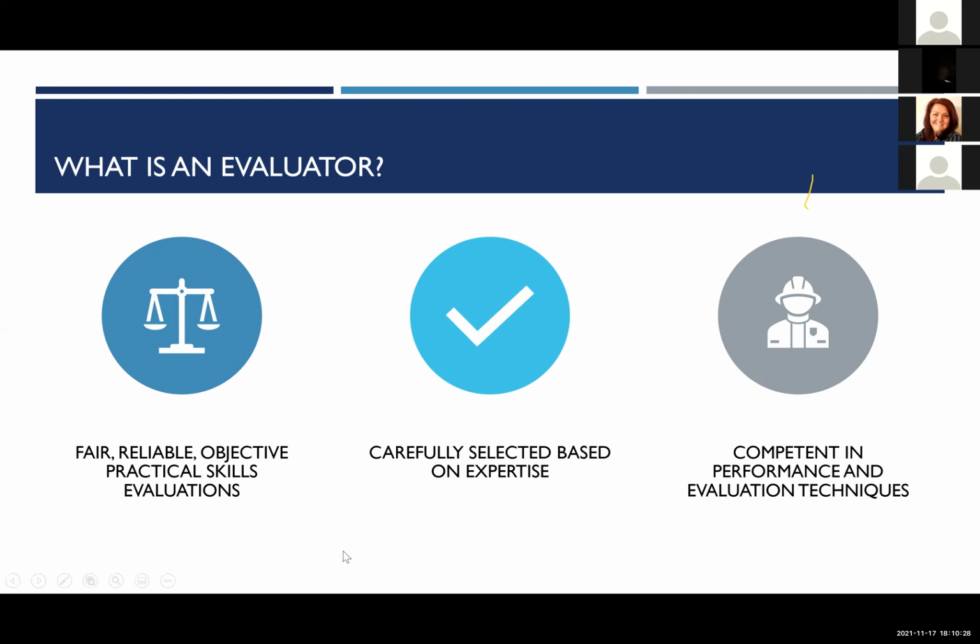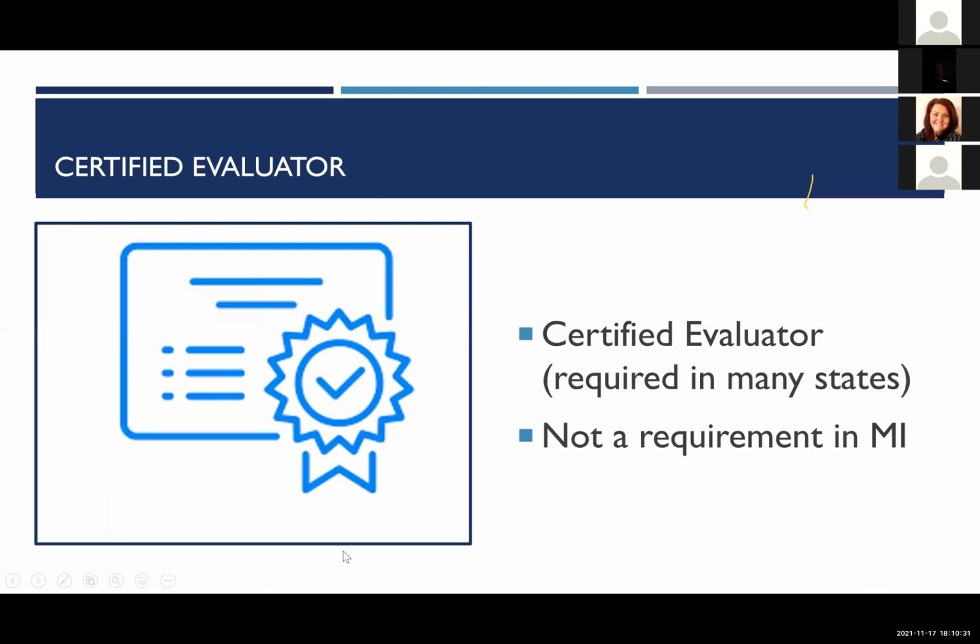But I want to mention this next topic is the certified evaluators. So there are actually several states that require an evaluator certification. The certification process includes an application, so they have to apply to become an evaluator. There is a rigorous training and even a testing process that has to be completed in order for them to be considered an evaluator within any EMS program or any examination that occurs in those particular states.